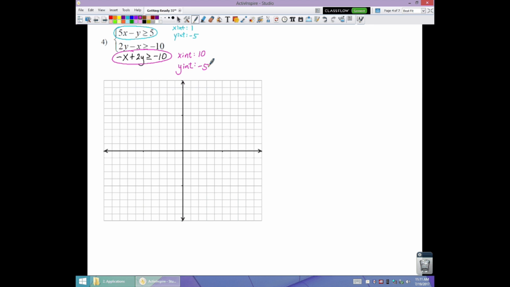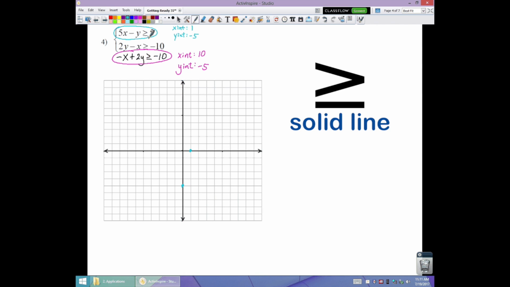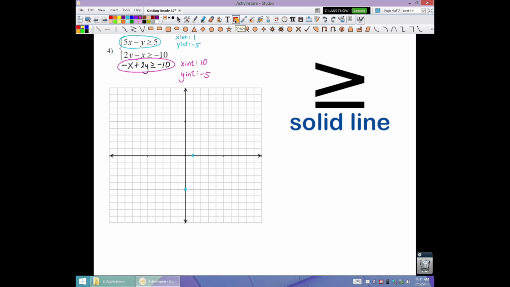Okay. So I will be able to, 2, 4, 6, 8, yes, I can count by ones. So this blue line would have an x-intercept of 1, a y-intercept of -5. It will be a solid line since it is greater than or equal to.